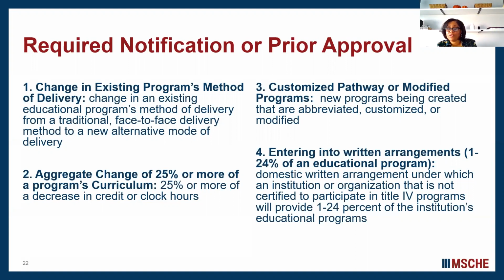If you have somebody that is not recognized by the USDE who will be conducting instruction for, let's say, 1% of a program, which could be one course, that would require a notification or prior approval. I hope that helps.